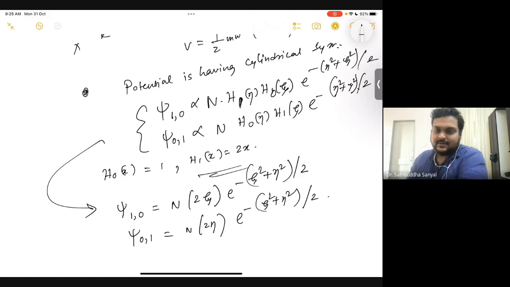So this is what the wave functions look like, and this doesn't have the symmetry, because as you can see, one is zeta multiplied by a Gaussian, another is eta multiplied by a Gaussian.